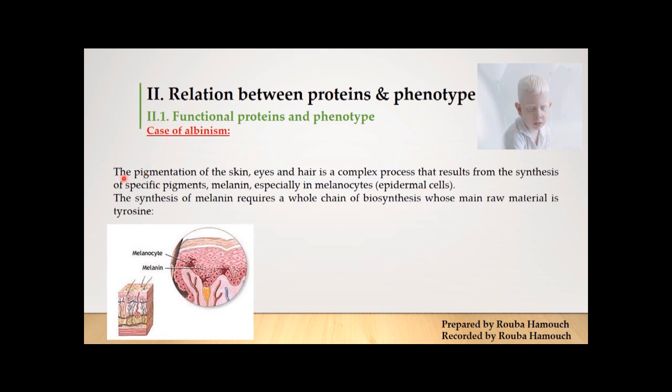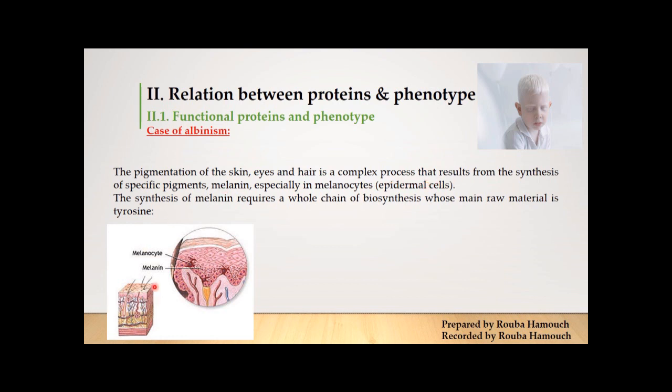You know that the pigmentation of the skin, the skin color, the eyes and hair, is a complex process that results from the synthesis of specific pigments, melanin, in the melanocytes, which are the epidermal cells.